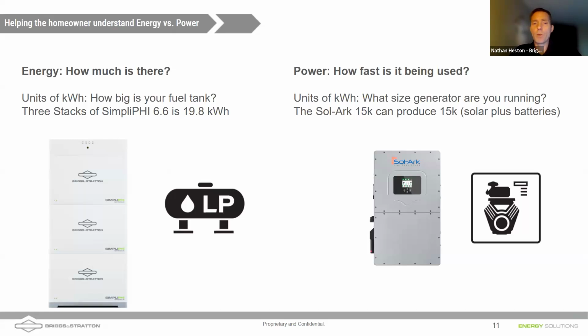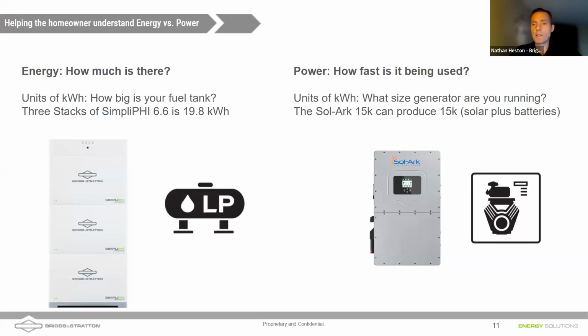The other thing to compare when we're looking at a generator versus a battery is what is turning the fuel into usable energy, right? So DC electricity is not immediately usable by the home, by most loads in the home. And so what we need is an inverter to convert that electric fuel, the DC electric fuel, into AC.